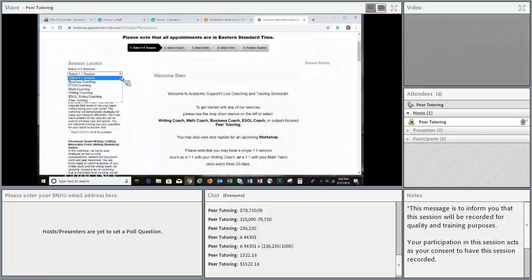One thing I just want to note is that we have math coaching here, and we also have peer tutoring here. I would like you to check all of these, because you have an option to meet with a math coach or someone in peer tutoring.